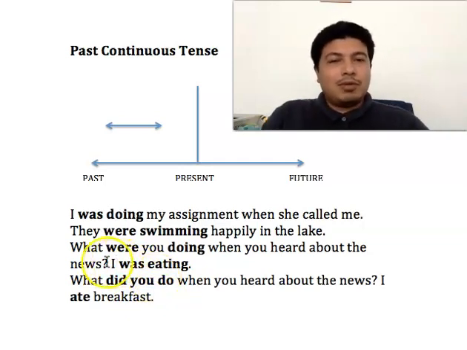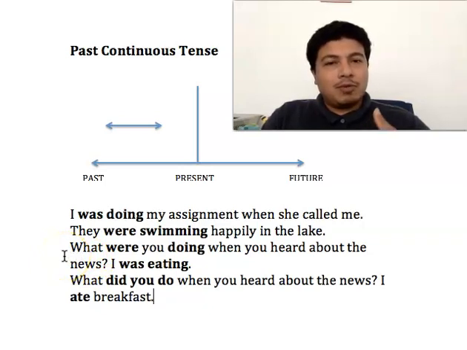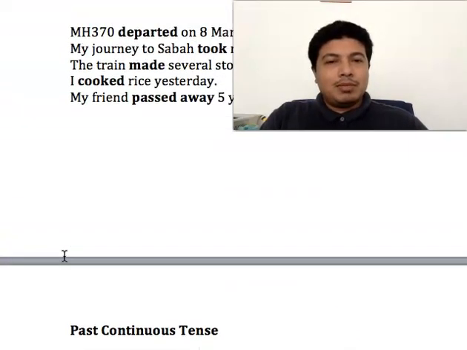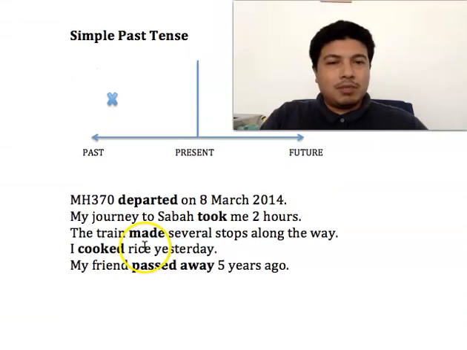So the focus when you use past continuous tense is to tell people that you were in the process of doing something. Or when you ask a question, you are asking about what people were doing. That means what process of doing were they in during that particular period of time. The same goes for simple past tense.